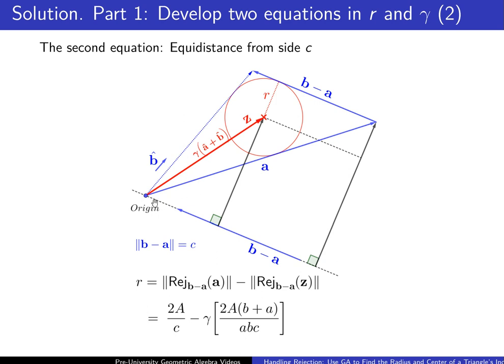Because what we want is a rejection of A with respect to B minus A, and the rejection of Z with respect to B minus A. So we can see here that the distance r is equal to the rejection of A itself minus the rejection of Z. I've written that formally down here, and when we play around with this and the smoke clears, this is what we get. R is equal to, well, you can read it yourself.